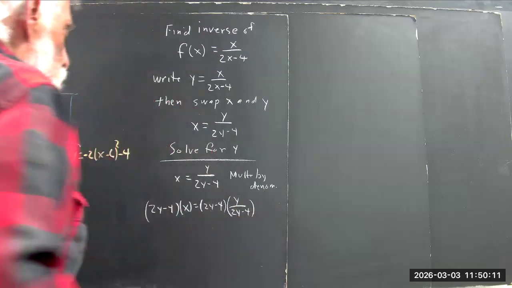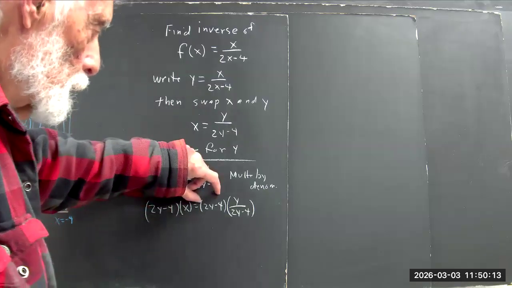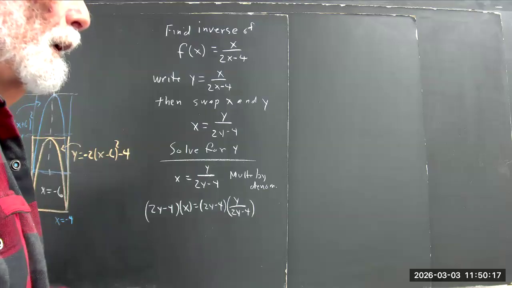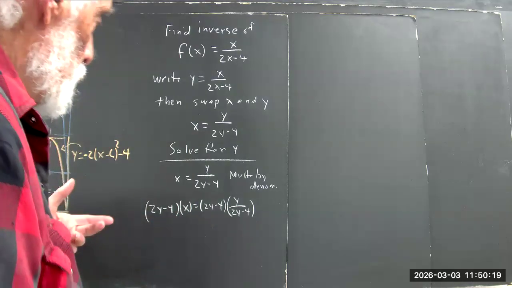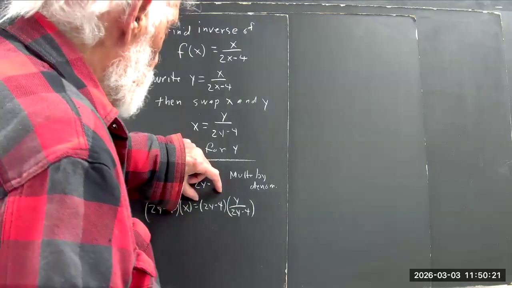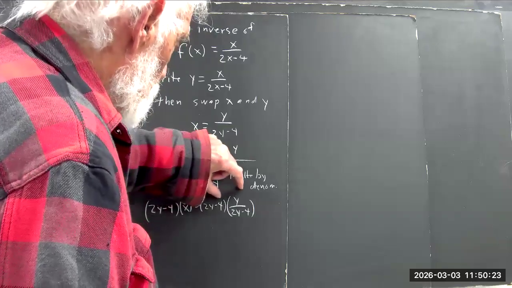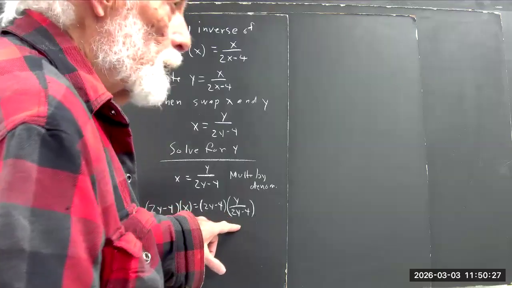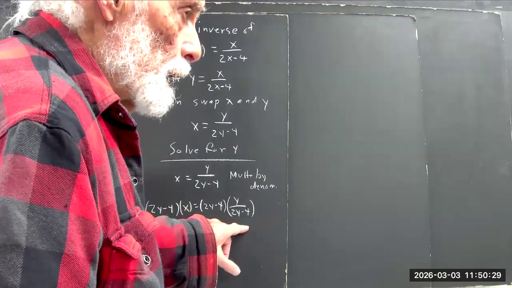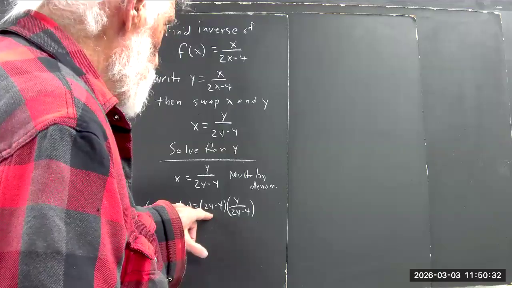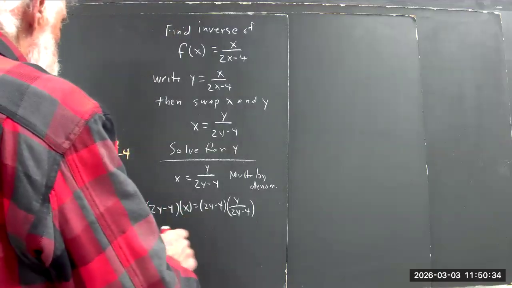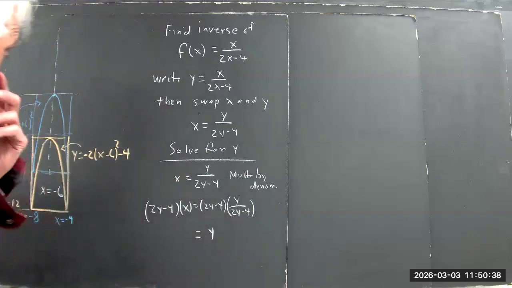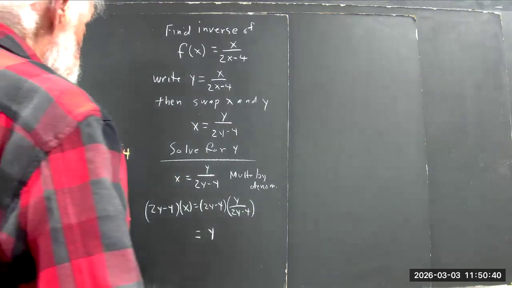Well, the 2y minus 4 that we multiplied on the right-hand side matches the 2y minus 4 in the denominator. So the factor of the denominator divides into the factor of the numerator, and the right-hand side just becomes y. That's a whole lot simpler.